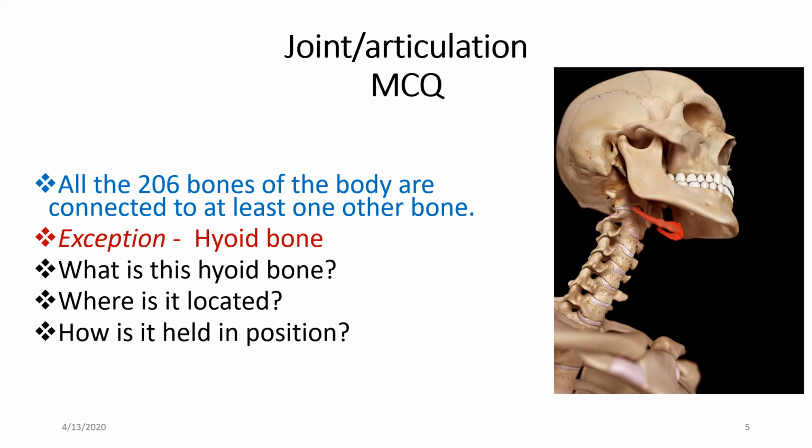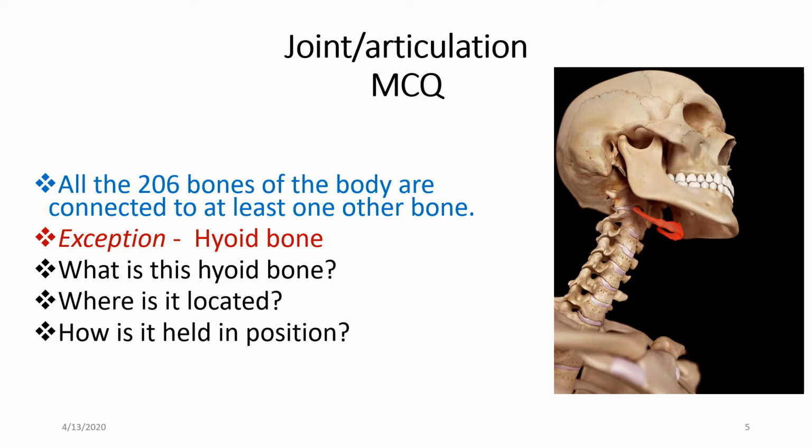How is it held in position? We are saying that it is not connected to any other bone. So when there is no joint, how is it kept in position? It's kept in position because of the muscles and ligaments.